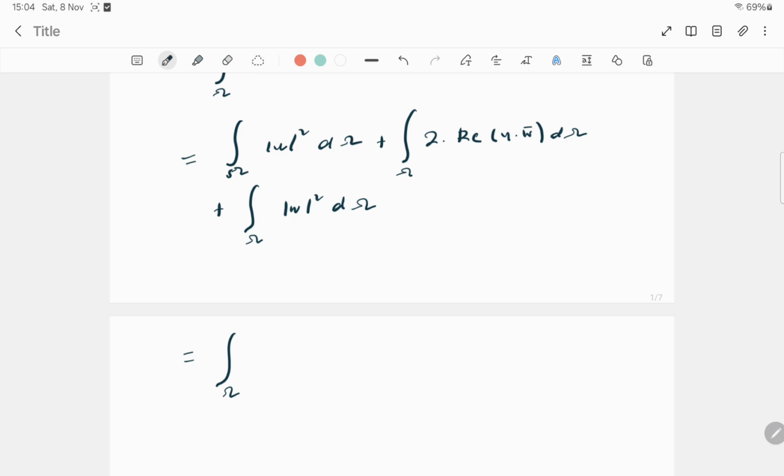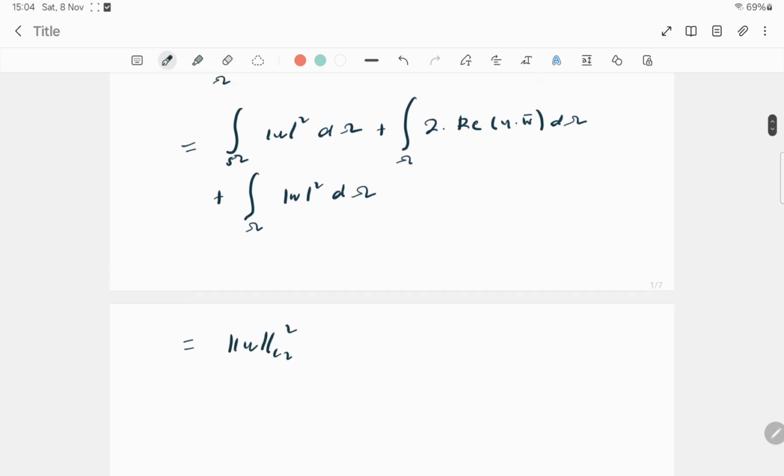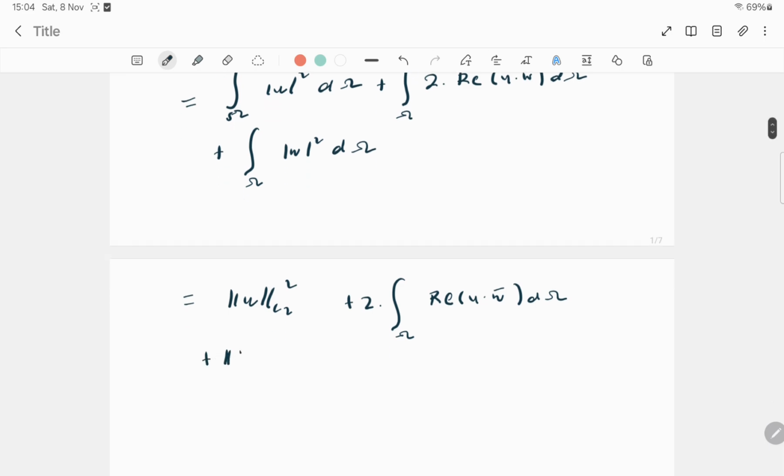Okay, so the first integral is the norm of u in L2 squared plus 2 times the integral over omega of the real part of u times w bar d omega plus the norm of w in L2 squared.